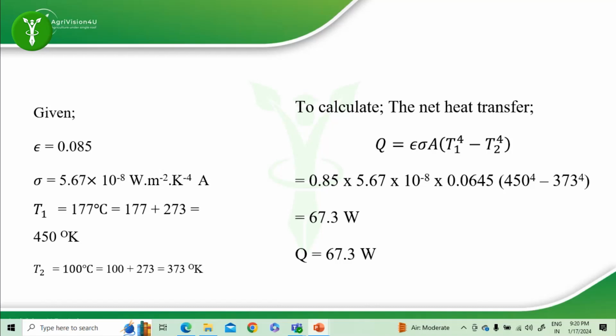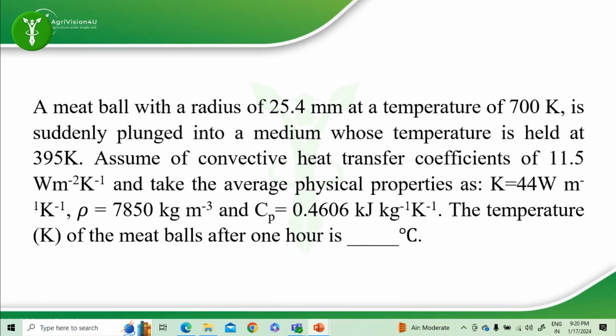Let us proceed to the next problem statement, which deals with unsteady state heat transfer. How many of you have been able to solve this particular question?